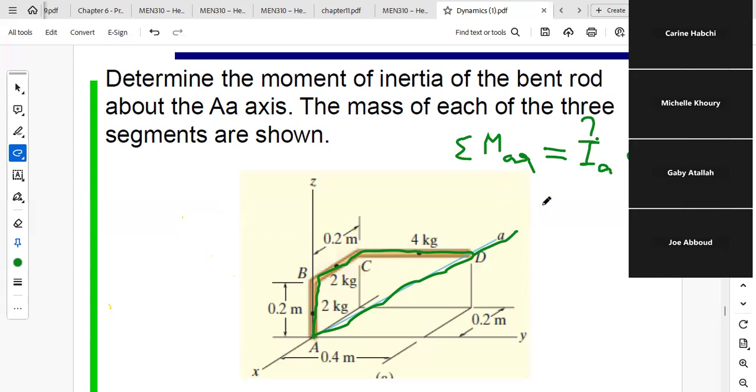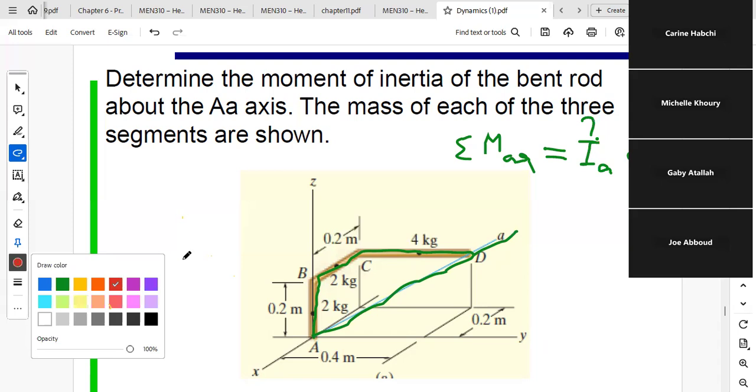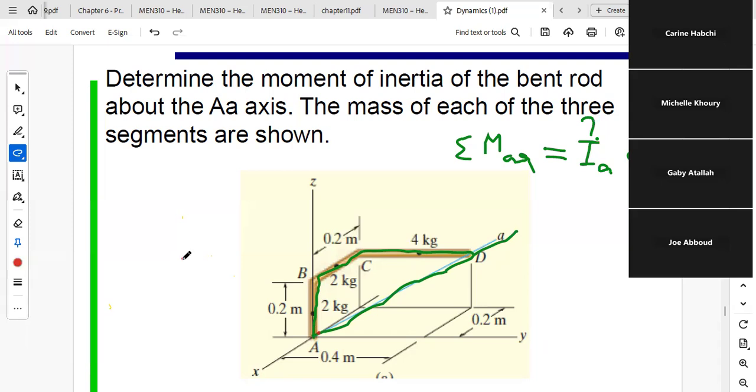To get the inertia about this arbitrary axis, you need to decompose your body into 3 parts. As you can see in this figure, your body is formed by 3 parts. You have rod AB, you have rod BC, and you have rod CD.